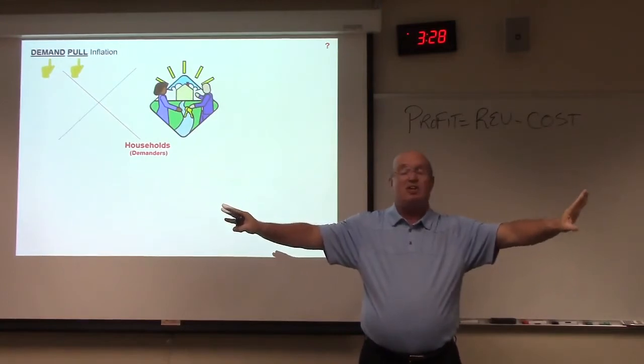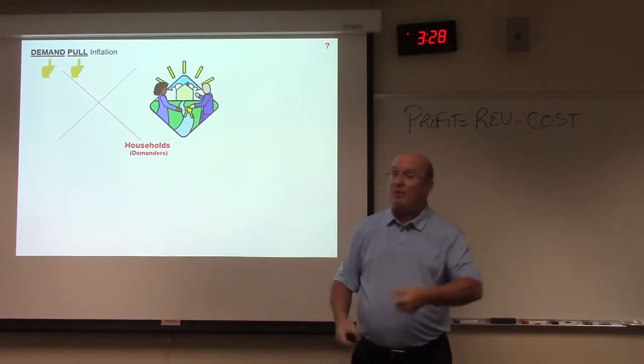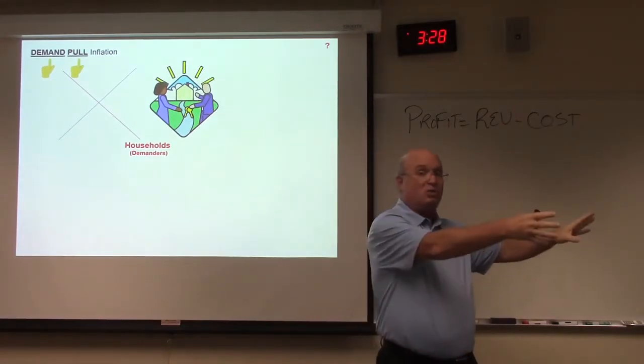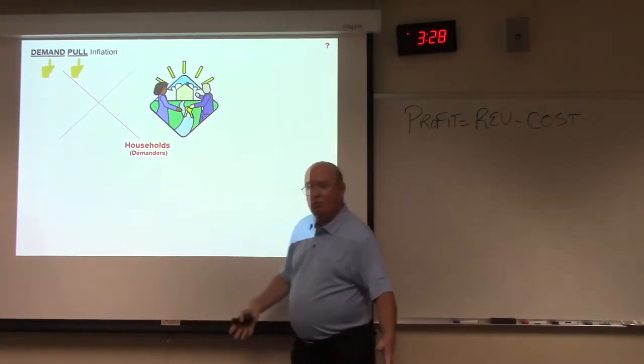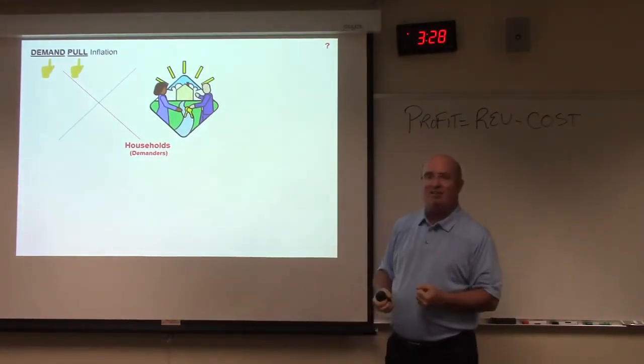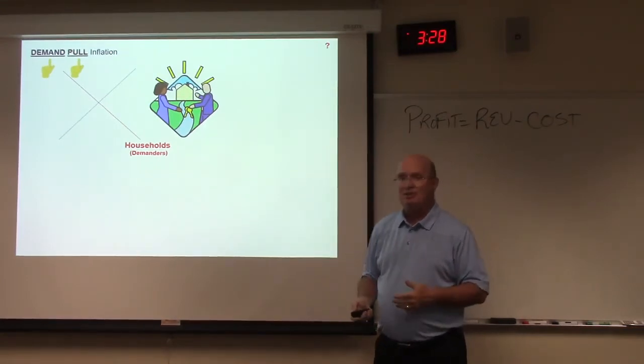So all of a sudden we start raising the price of corn because there's too many people out there with lots of money and too little corn. So we pull up the demand curve and increase the price of the products. That's demand pull inflation caused by households.